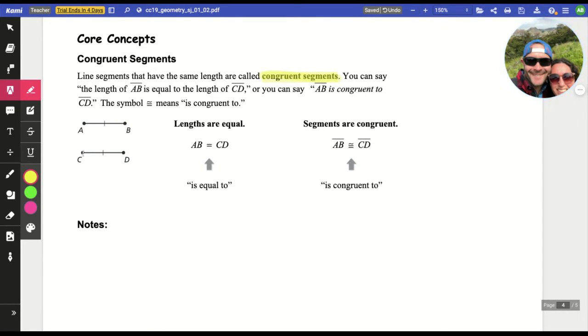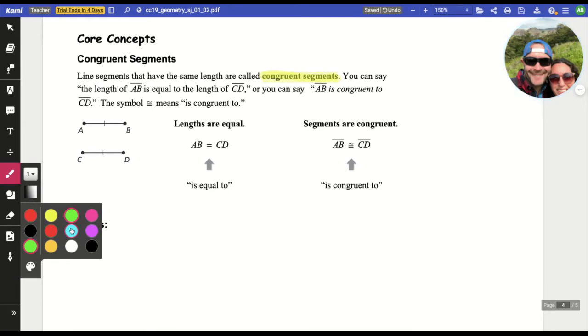congruent to segment CD. And this little tick mark right here, which is something we saw in Desmos the other day when we were doing the polygraph where you had to try to have your partner guess what your graph is. These tick marks mean that these two segments are congruent and that they have the same length. So when we say lengths are equal, we write AB is equal to CD.